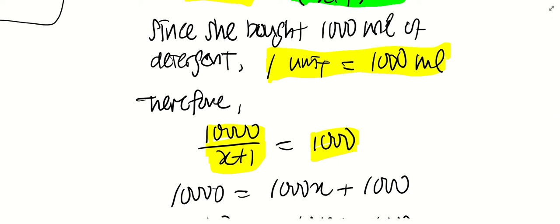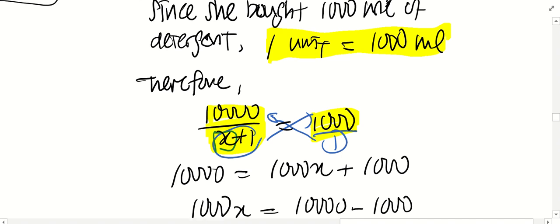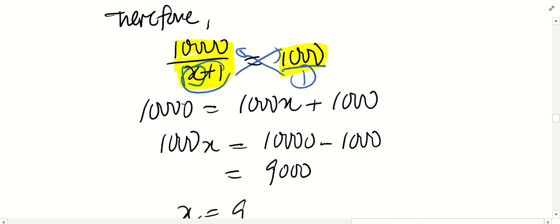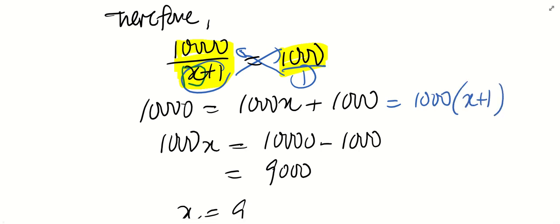Once we come to this step, we realize that there's an x here. It is clear that we need to solve for x. So how do I do that? Well, I cross multiply. In the end, I have 10,000 equals 1000 times x plus 1. If you're not too sure how I arrive here, it comes from cross multiplying. So I do the rainbow method to open up the bracket: I have 1000x plus 1000.